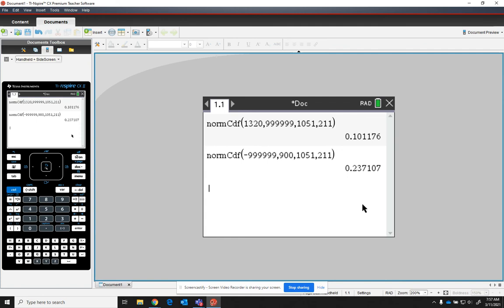I want to be in between those two values. This is the probability that X is, and here's how we write in between. We want to be in between 950 and 1200. Here's how you write a between statement.